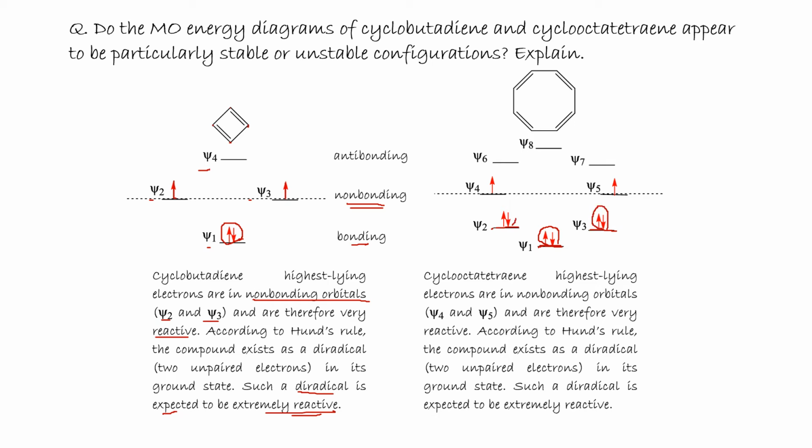We have 8 electrons, so 2 left. We give them to the non-bonding orbitals. Again, it's very similar to cyclobutadiene. So we have 1 here, 1 here. So this compound is reactive again. It's not aromatic.